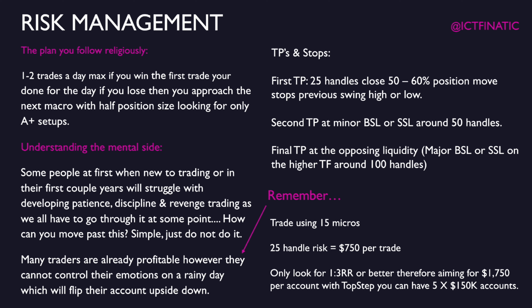There's also a risk management plan for the scaling up of each one of the accounts. So once you actually get funded, instead of trading the basic risk management for say a 150k account of 15 micros, you can scale that 150k account up to where you're trading 4 full NQ contracts with the correct drawdown. You should never take more than 1 to 2 trades a day.